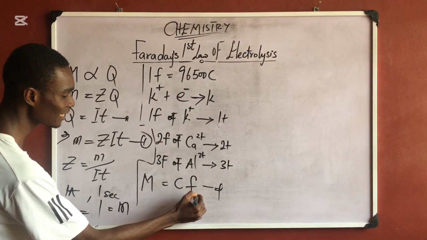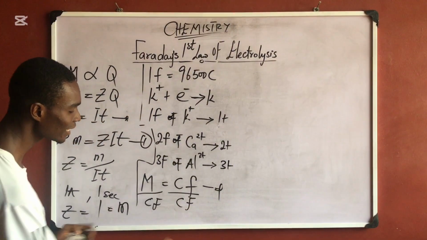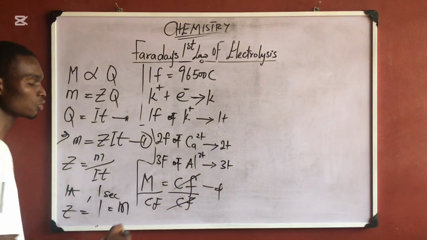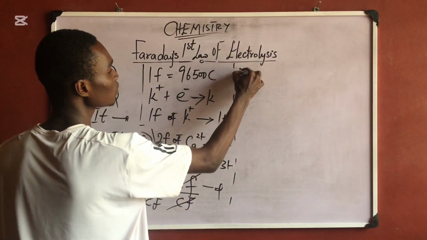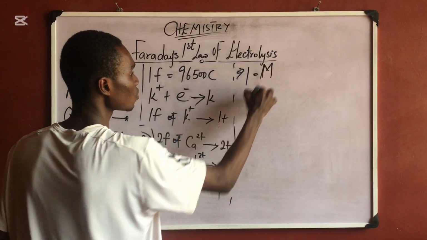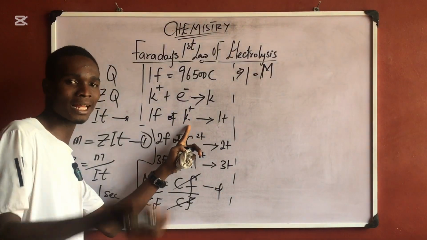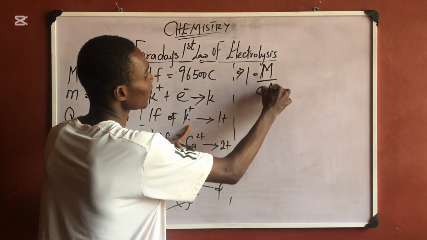Now, can I divide both sides by the valence charge and F? Dividing both sides, I will have this and this to be 1. Therefore, I will have 1 to be equal to molar mass of the substance deposited over valence charge times Faraday constant.